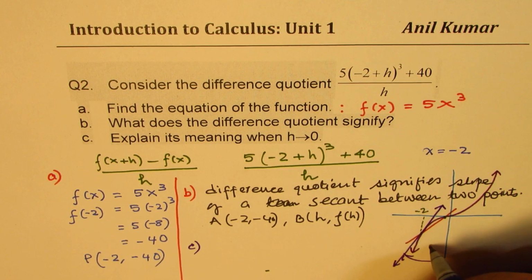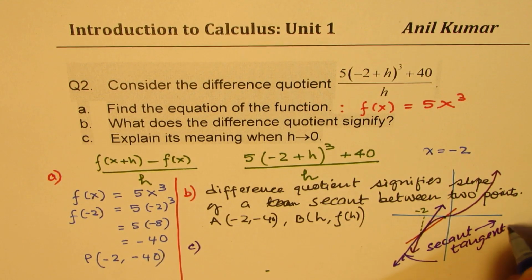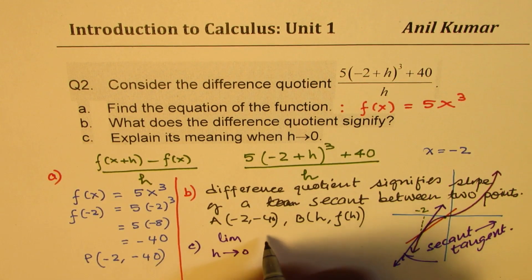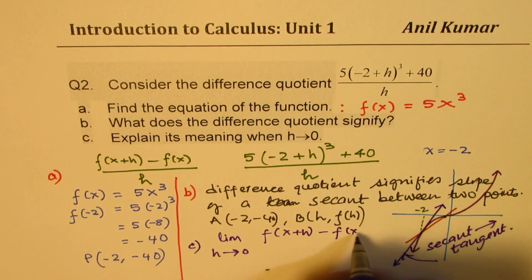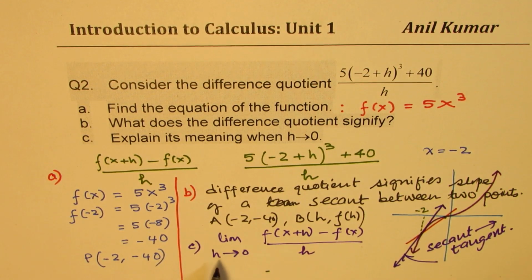So at this stage, secant approaches tangent. Do you see that? And the expression could be written as limit h approaches 0 for f of x plus h minus f of x over h. So that is how we get into the concept of limits.